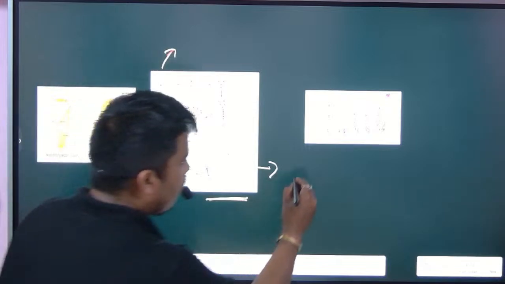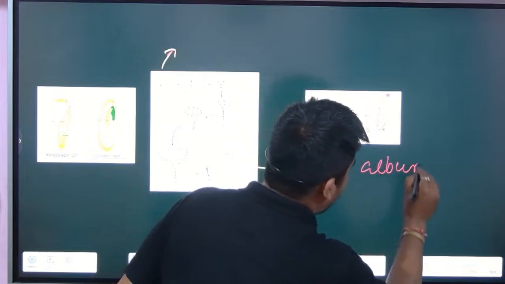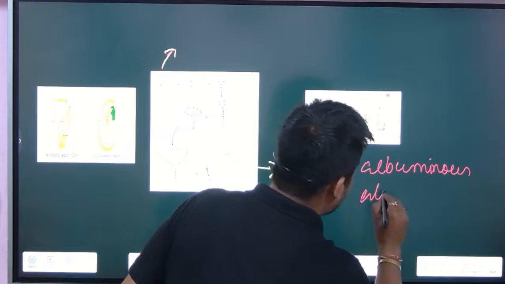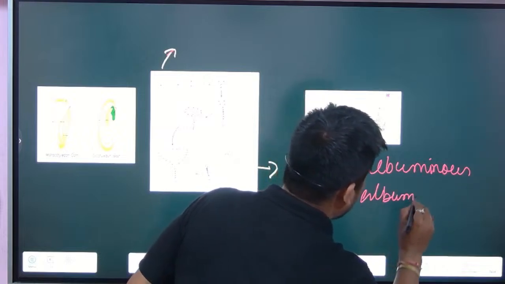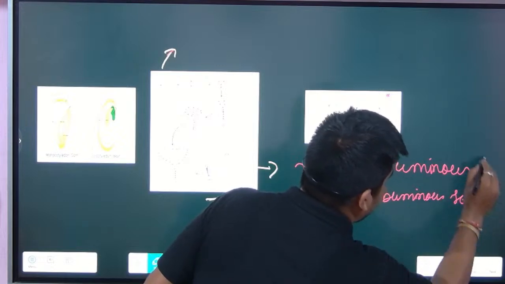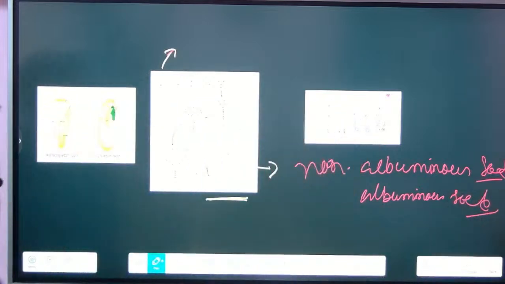Non-albuminous. Another is called albuminous. Albuminous means the seed which is made with endosperm, where we can see the endosperm with the embryo. That is called the albuminous seed. Got it? That's all.